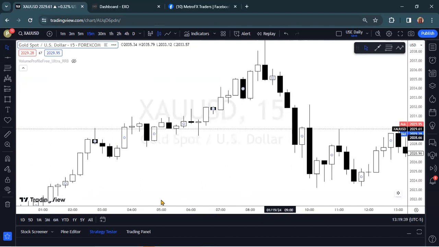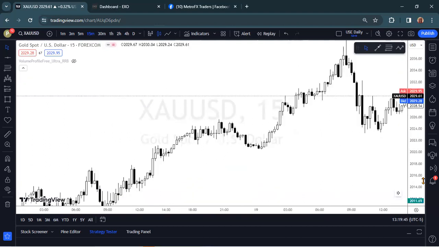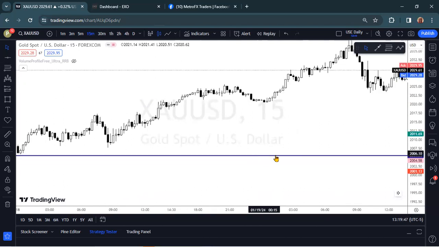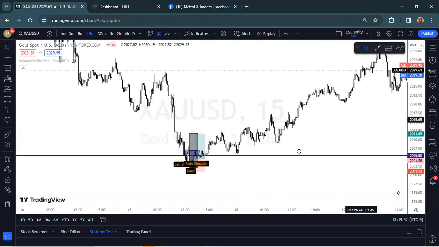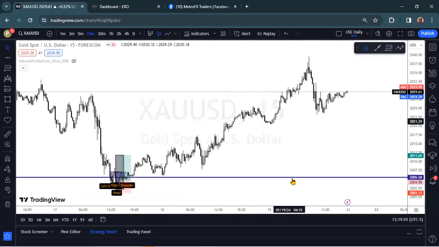It never came back down. Wow. So this is your stop loss right here. Look at that.